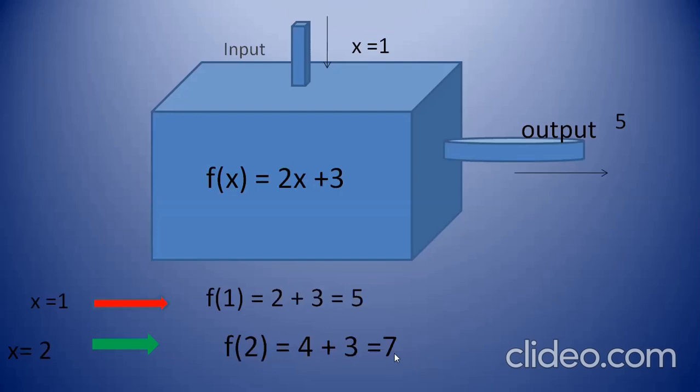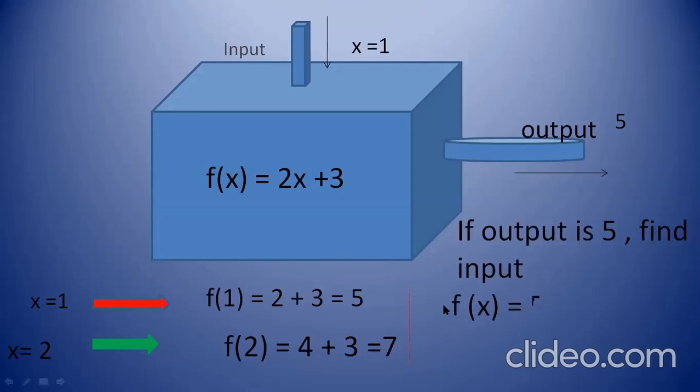If we think in the reverse order, what should be the input if the output is 5? It means the function f(x) is given as 5. Its mechanism is already decided as 2x plus 3, so we can say this is equal to the output.